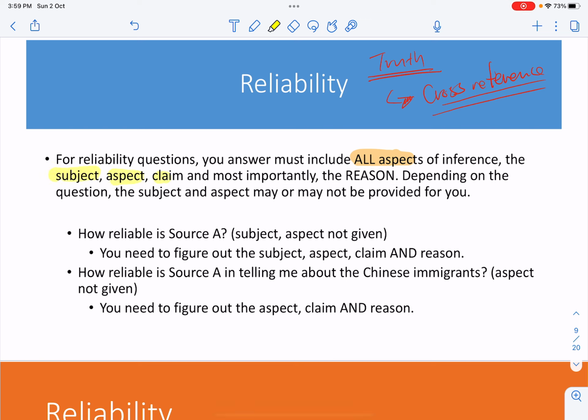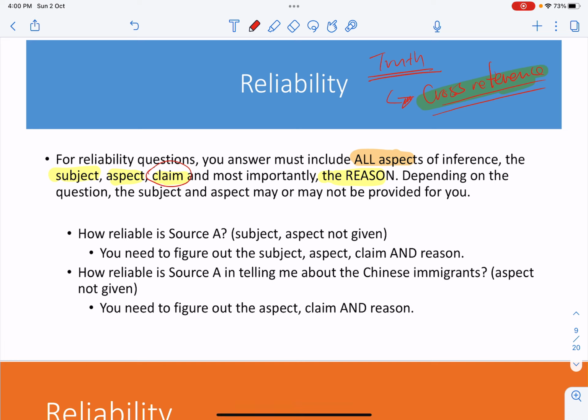Subject, aspect, claim, and most importantly, especially for reliability, the reason. The reason has to be very clear. And the reason from your main source and your cross-reference source must be the same. You cannot just have similar claims.